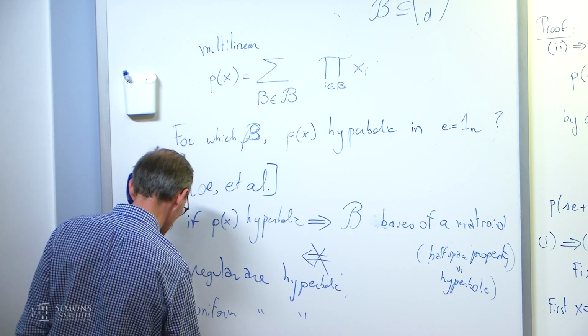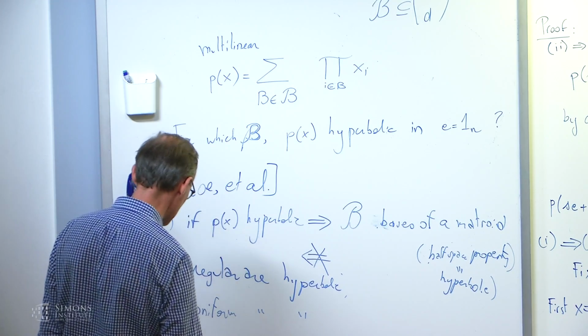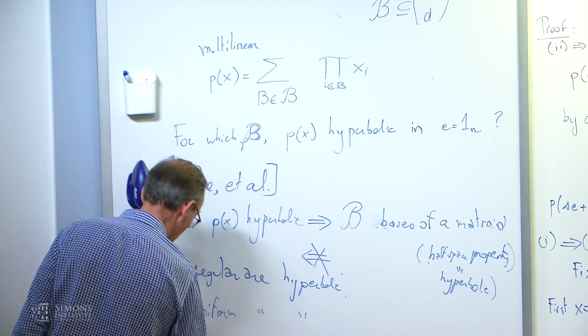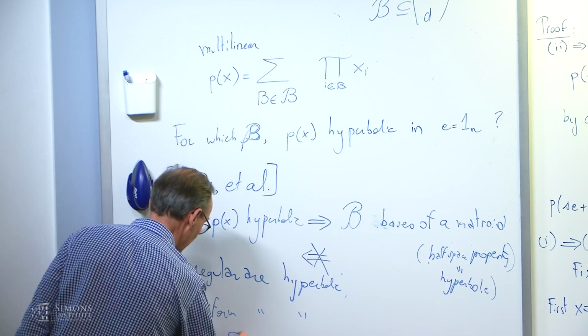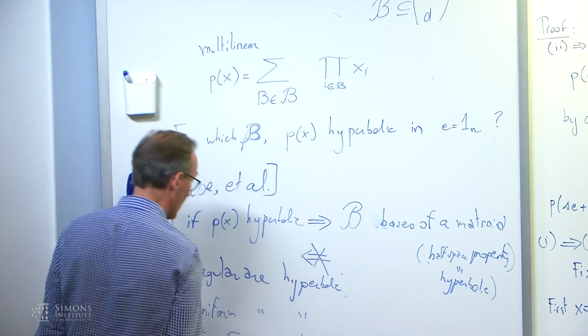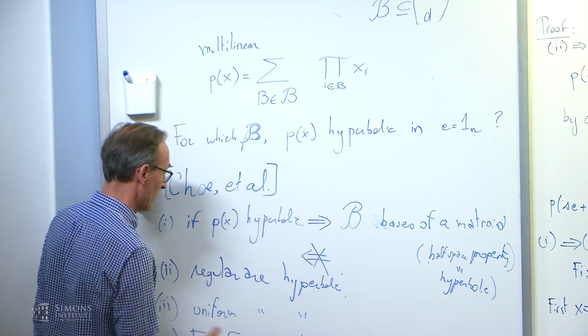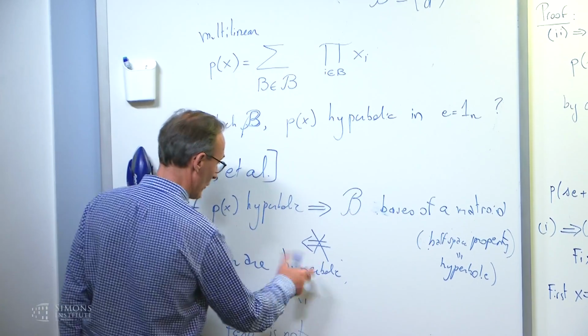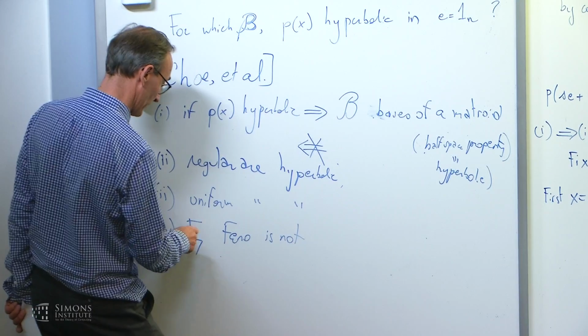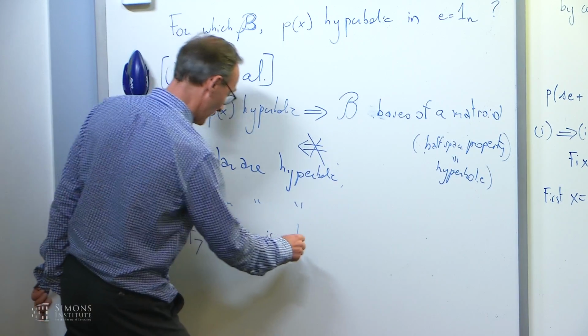But one can also show quite a few which are not. One can show that the Fano matroid is not, and also hyperbolicity is closed under taking dual matroids, so that means that its dual is not either.